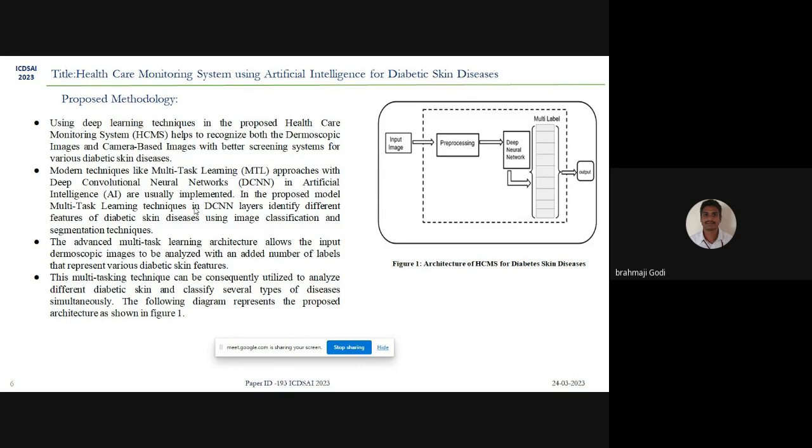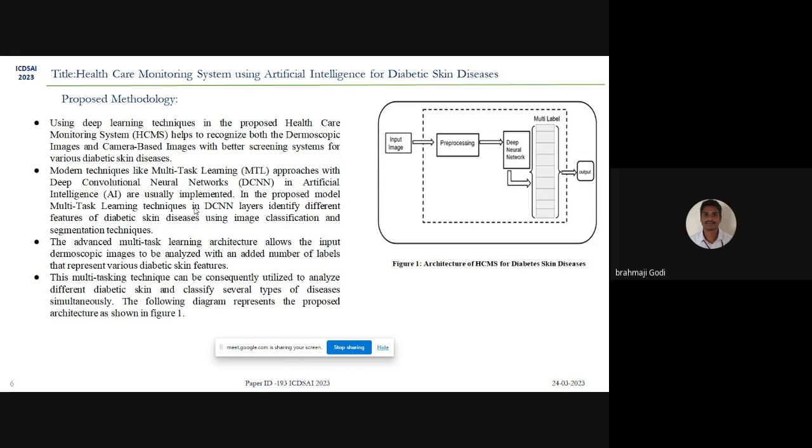Our proposed architecture is to take some input and do some processing. We submit this to deep neural networks with multi-labeling, as I specified, 9 different tasks, and it will compare with the existing 9 different labels, and finally we get an output with logistic regression, taking whether this disease belongs to diabetic or not. There may be different types of skin diseases other than these; more than 30 skin diseases are there, very familiar.